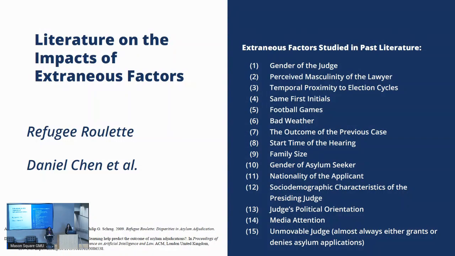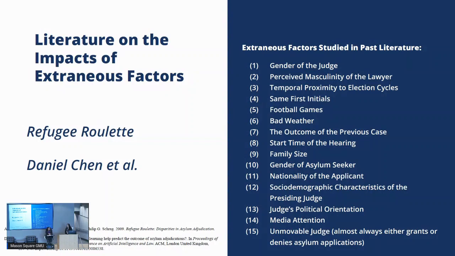The economist Daniel Chen has also run studies with several different collaborators using predictive modeling to empirically reinforce these findings that extraneous factors are highly predictive of asylum decisions. All in all, there is extensive research on the impact of extraneous variables on case outcomes. Here on the right, you see a list of extraneous variables that have already been studied, all of which are ostensibly unrelated to the merits of the case.